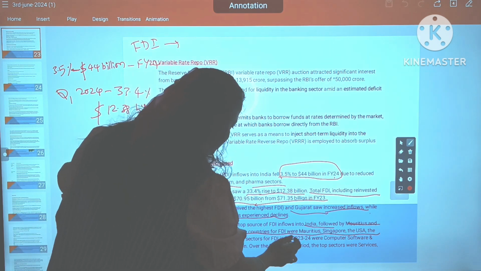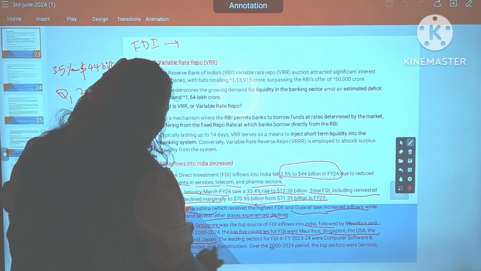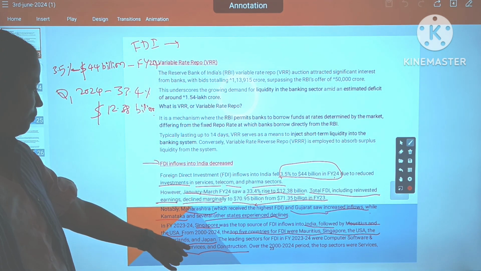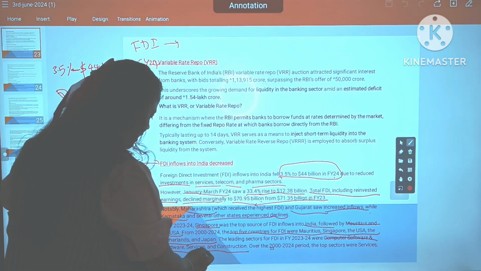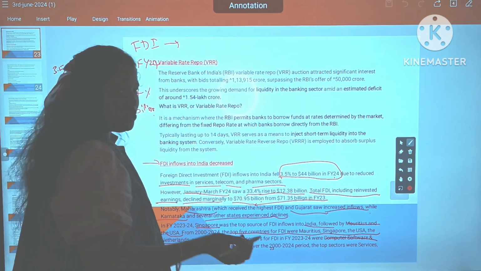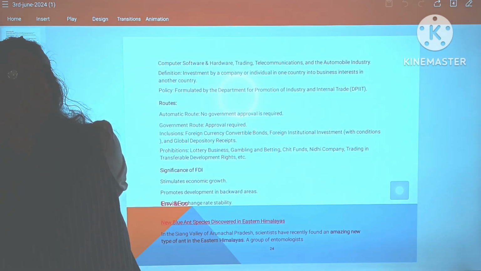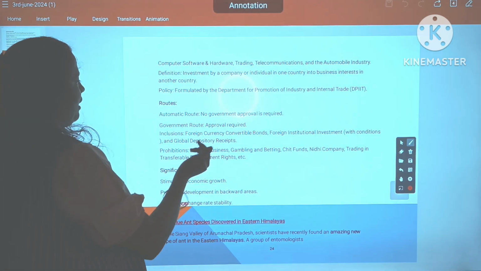The leading sectors, what are the sectors that attract investment? Computer hardware, services, software, other service sectors and construction, like restaurants and hotels. Top sectors were these. What are the routes followed for investment?